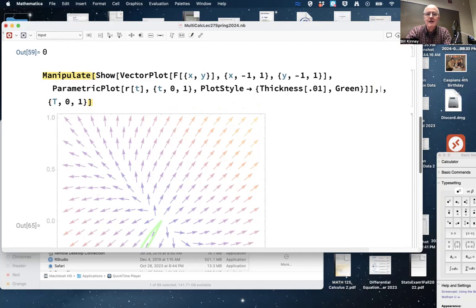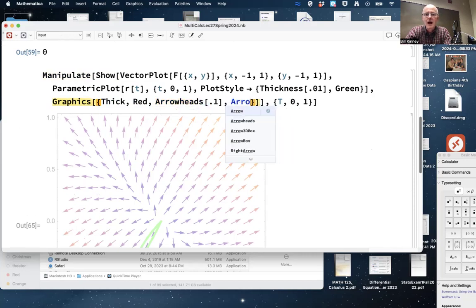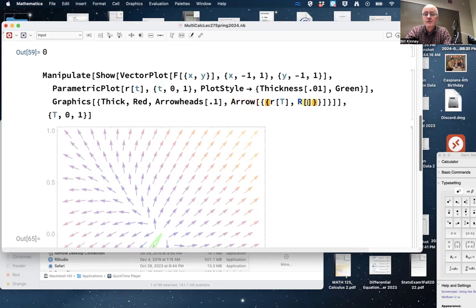Let me add graphics, thick red arrowheads, 0.1. What am I going to add here? I'm going to add velocity vector. And I'm also going to add the vector field.